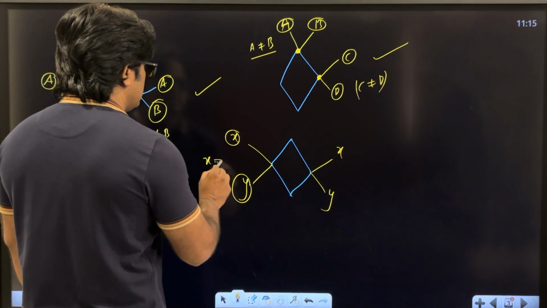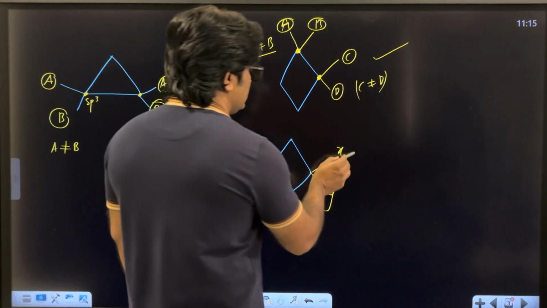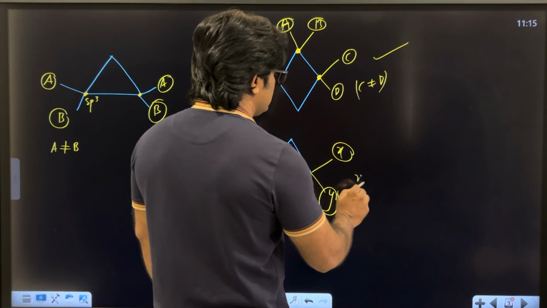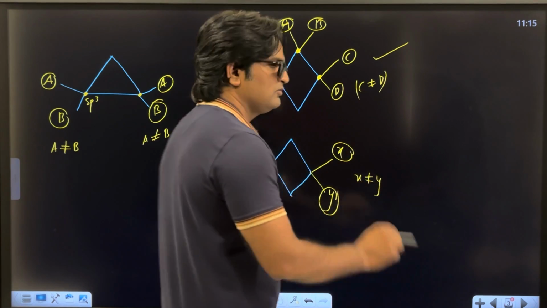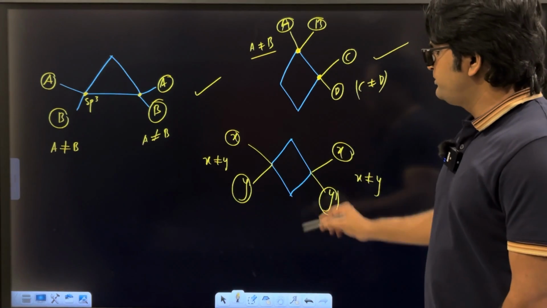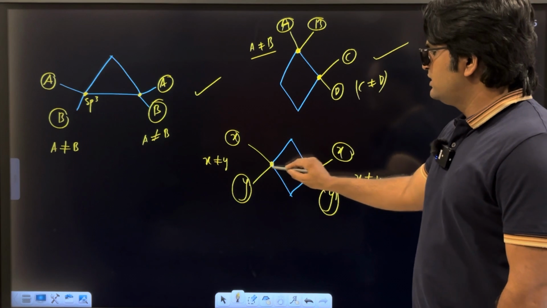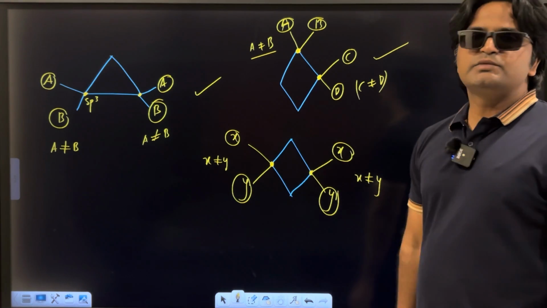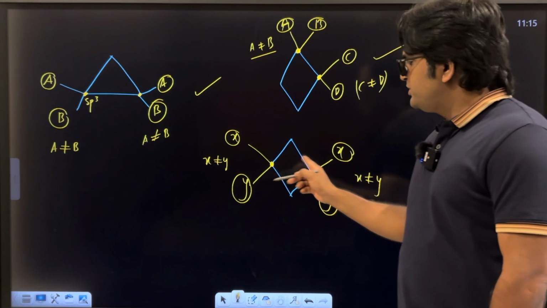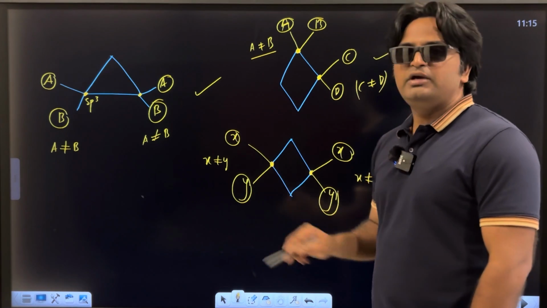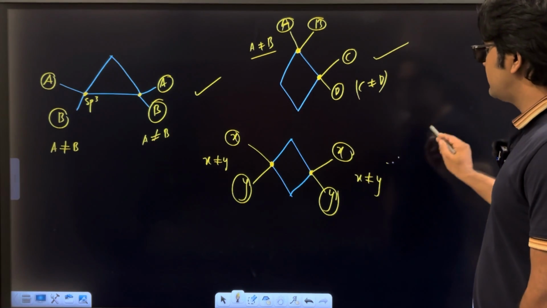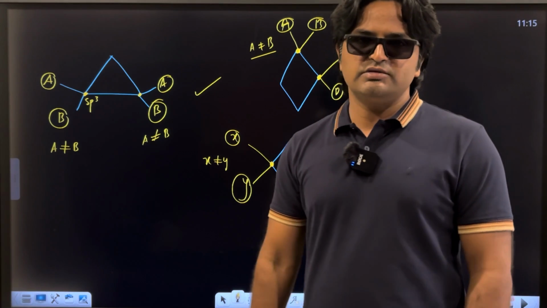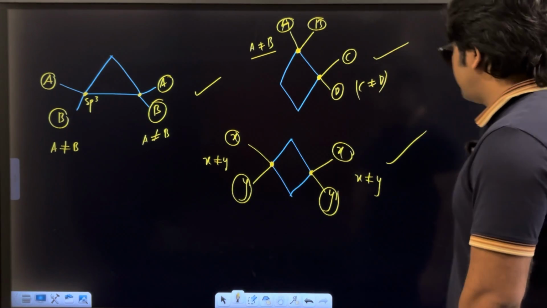X is different from Y, and here X is different from Y. How many sp3 carbon atoms are we selecting? Sp3 carbon, again sp3 carbon atom. On sp3 carbon atoms, if you have different substitution, then this molecule can show geometrical isomerism. That is the story about the four member ring system.